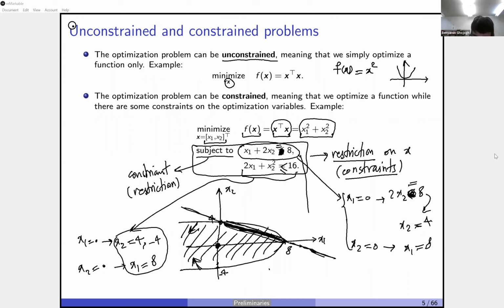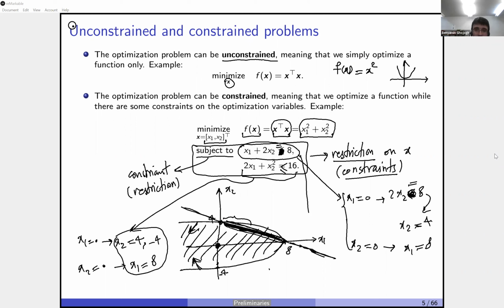So I should see the function x1 squared plus x2 squared. When is it minimized on this line? For example, here, I think the answer will be somewhere around here.